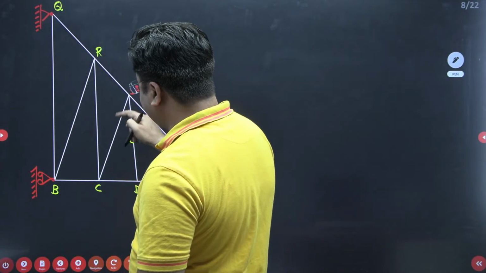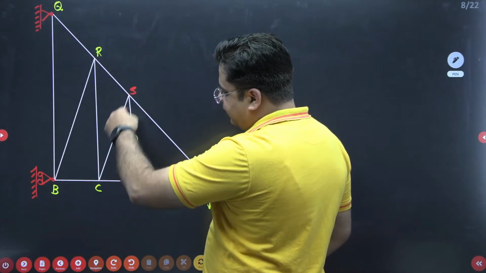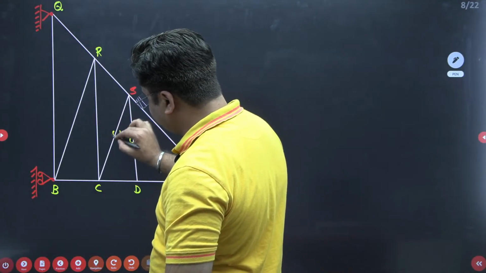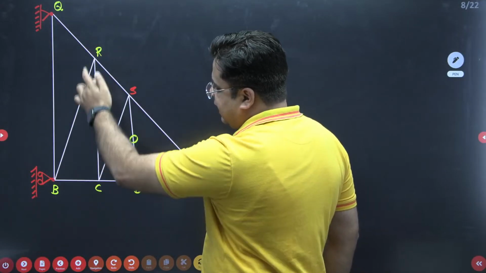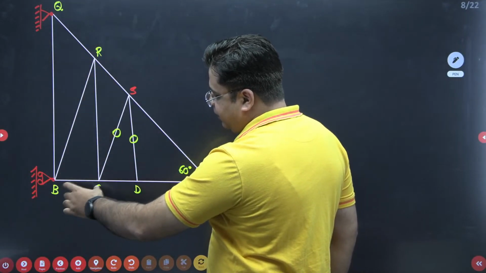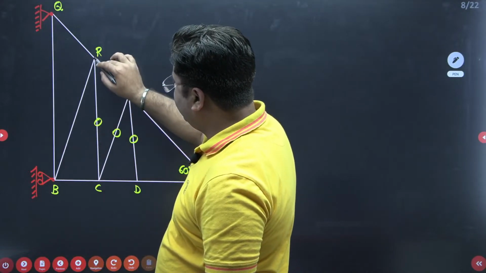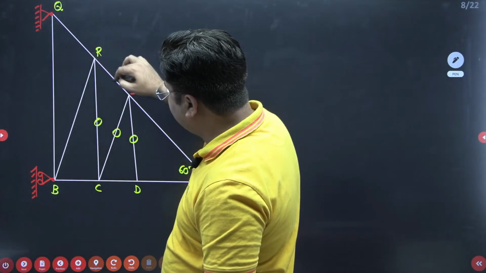Then at joint S, forget this member. You look into this member SC. This member SC is not in line with the other two members. Therefore, this is also a zero force member. Then at joint C, when you look into this member CR, this is not in line with BC and CD. Therefore, this is also a zero force member. When you look into joint R, this member RB is not in line with the other two members.